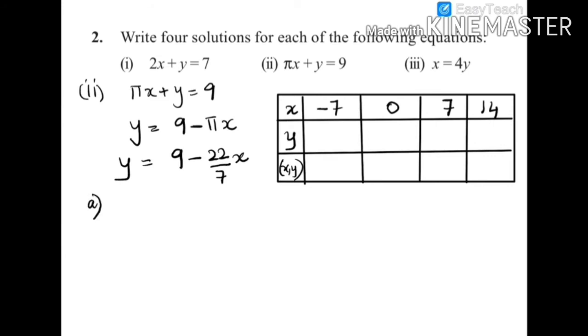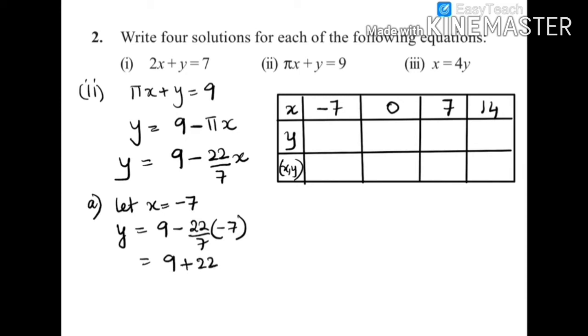So let's substitute x as minus 7 in the equation. So y will be equal to 9 minus 22 on 7 times minus 7. So we get 9 plus 22, which is equal to 31.